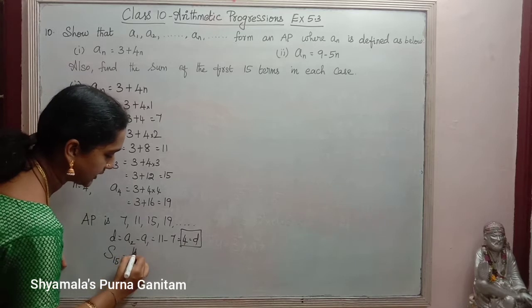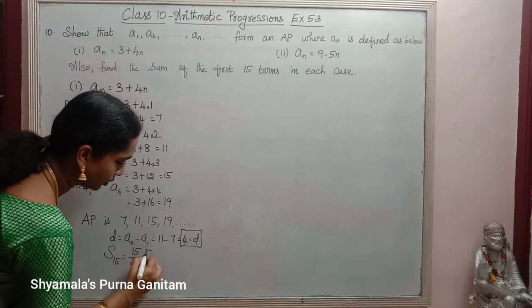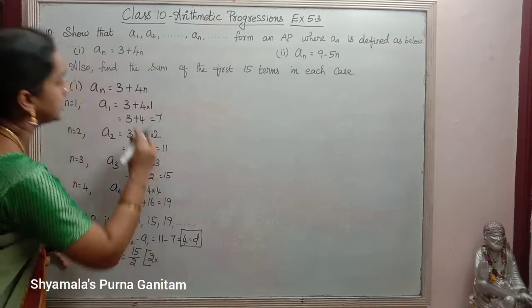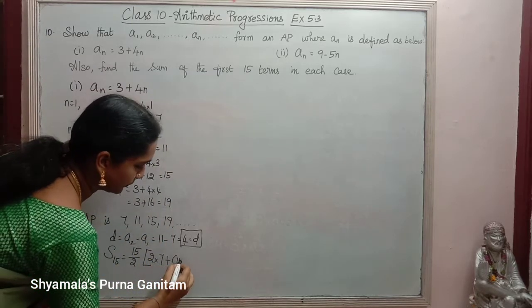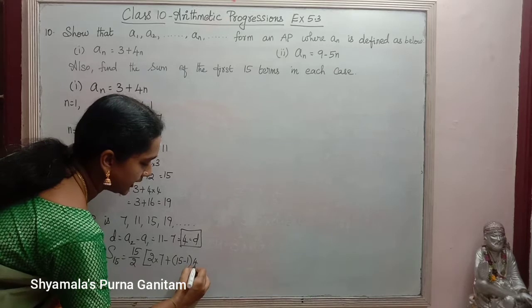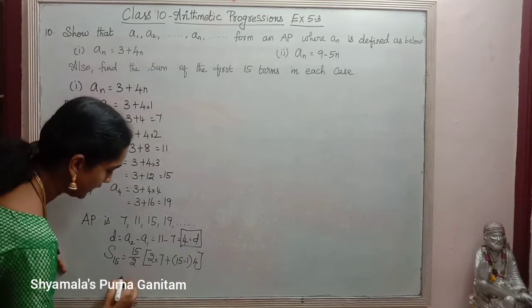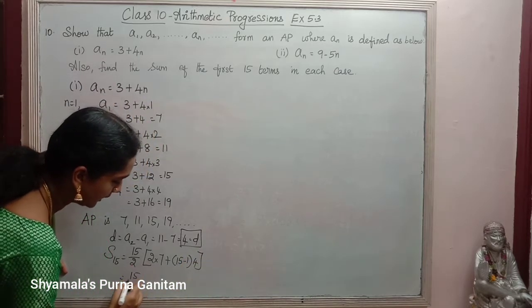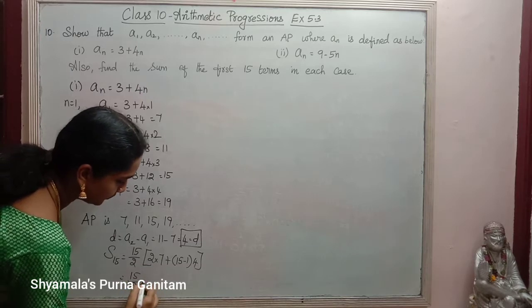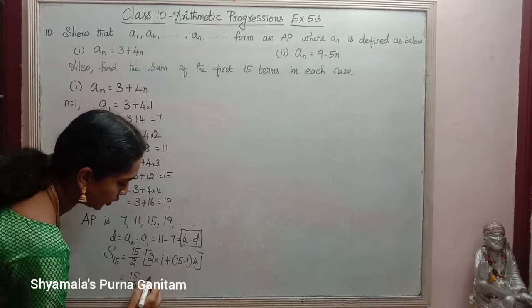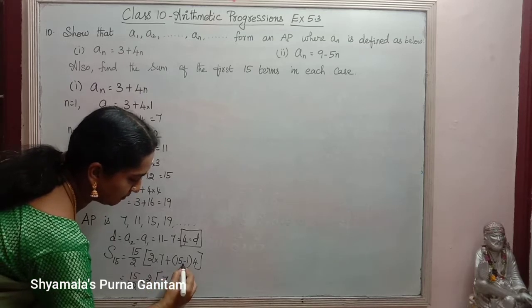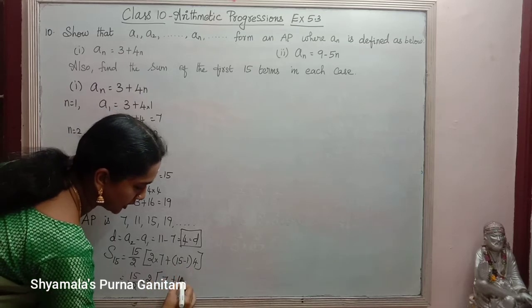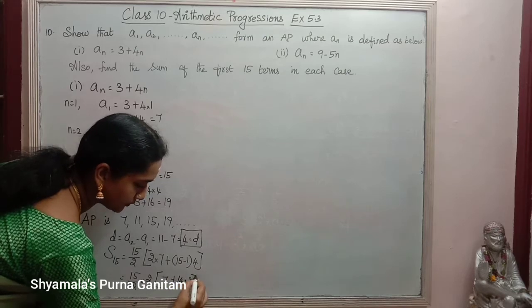So, S15 is equal to n by 2 into 2A, which is 2 into 7, plus n minus 1 into D, which is 4. So, this is equal to 15 by 2 into, in both the terms I am taking 2 common outside. So, the remaining terms will be 7 plus 15 minus 1 is 14 into 2.